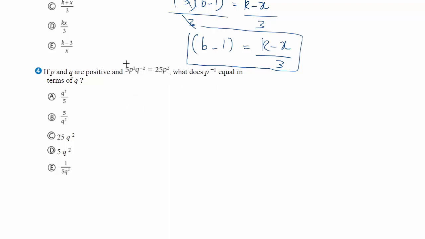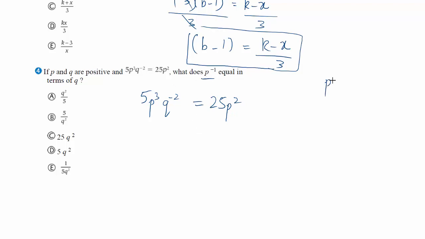So what we have to do is combine every p, which is either on the left or on the right, and shift whatever is not p to the other side. So we have the question as 5 times p cubed q to the minus 2 equals 25p squared. So we have to calculate p inverse.